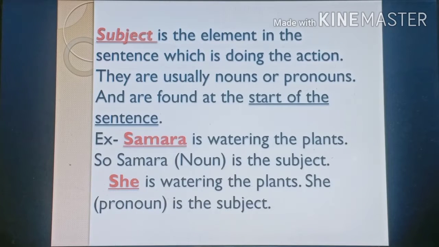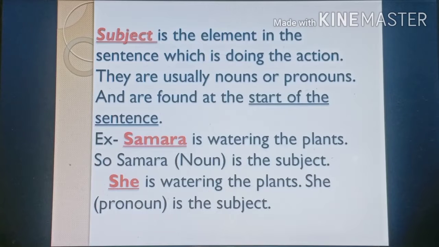So who is the doer over here? Samara. So she is a noun and of course a subject. In the next example, she is watering the plants. She is a pronoun over here and hence a subject because she is the doer, the one who is doing some action. So this is all about the subject.